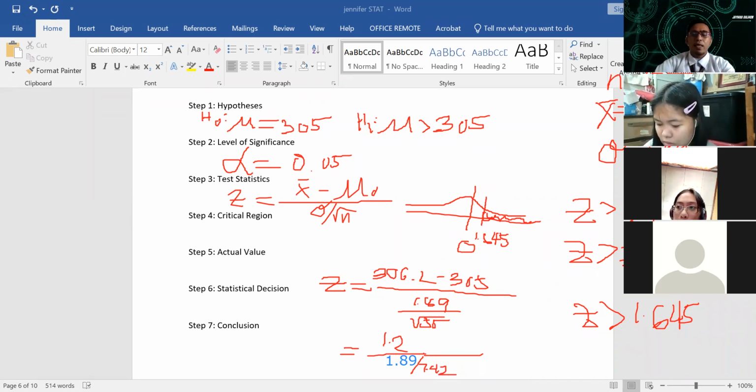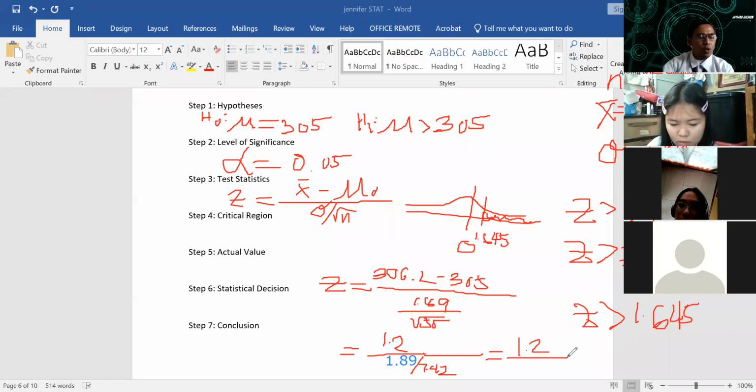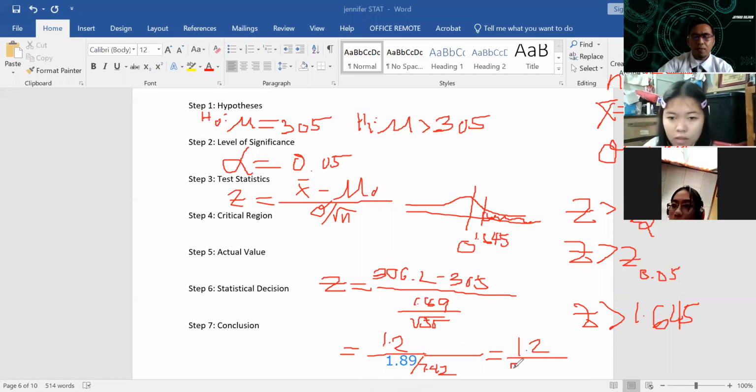Di ba? Then after that, imo ning i-divide ning duha. I-divide nato na silang duha. So, what is 1.89 divided by 7.42? Pila? 0.20. Ano yung answer? Ako ang calculator, ang answer is 0.25. Pariha? Yes, sir.